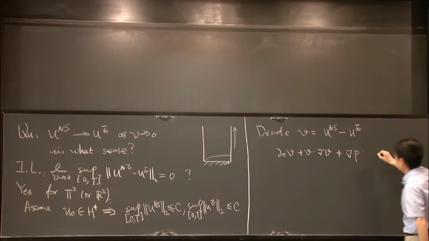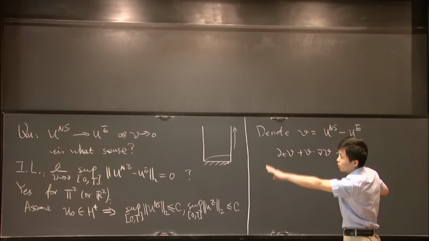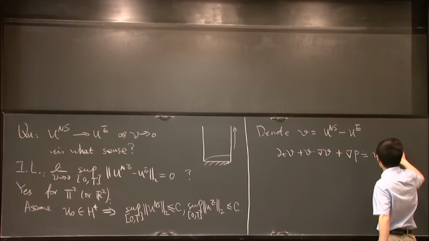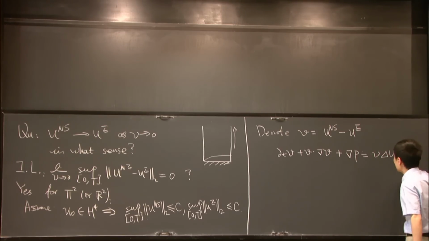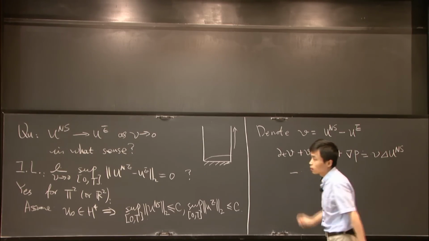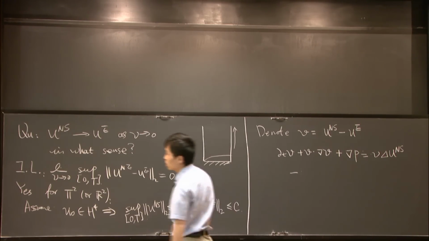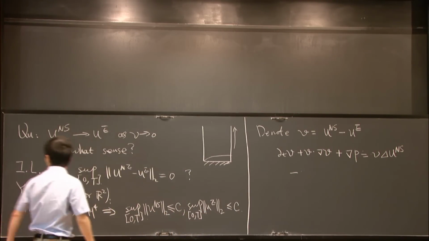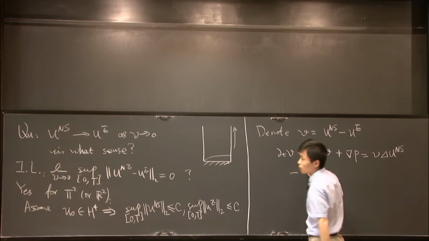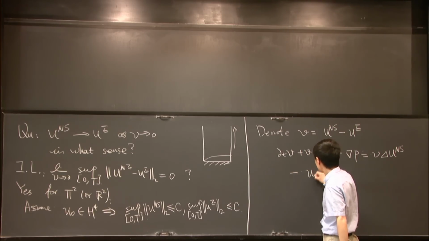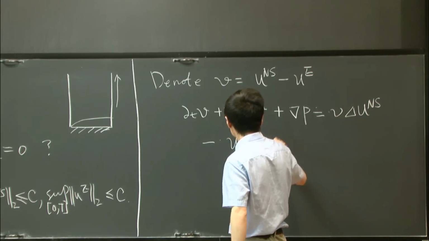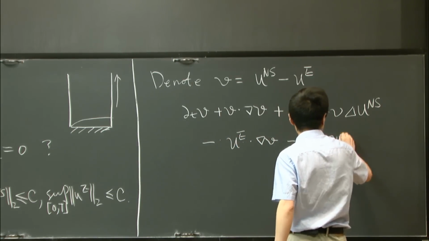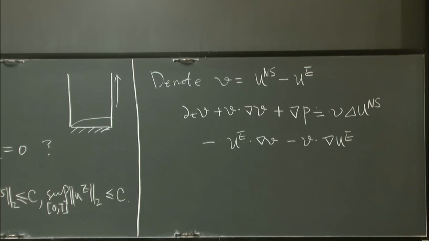On the right-hand side, you have the nu Laplacian of the Navier-Stokes solution. You subtract this equation from the other one, and you get a negative Euler dot grad V, and also V dot grad Euler.